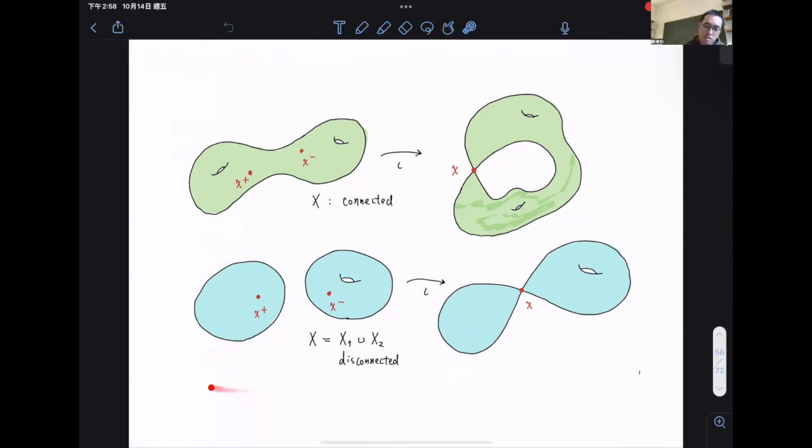So in this second case, we need an additional balancing condition to guarantee the existence of this perturbation.